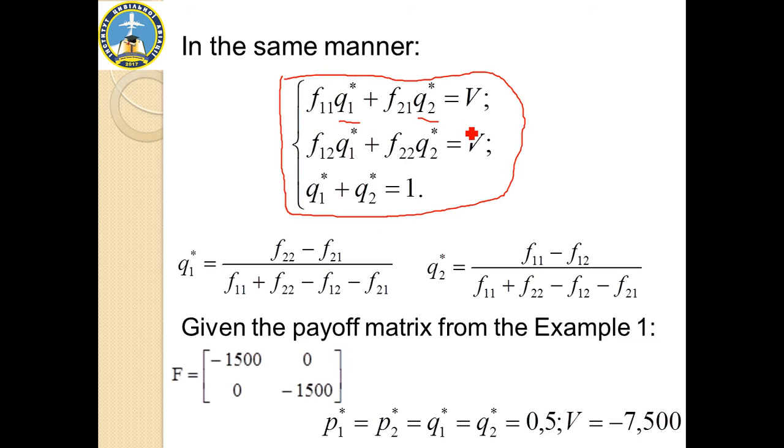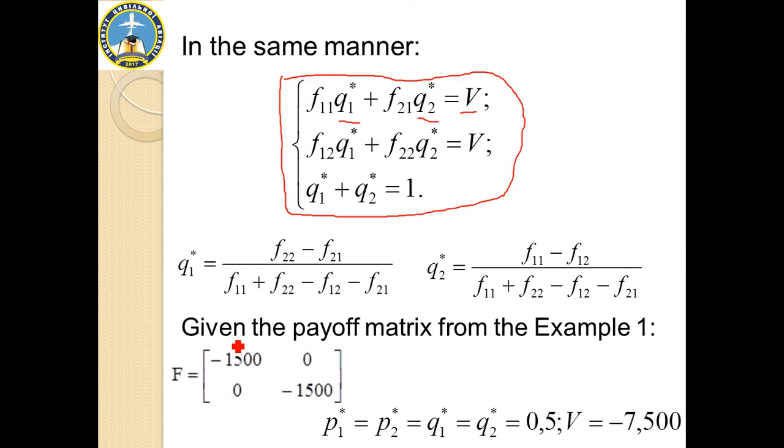Again, we have three equations for finding three parameters. Now let's employ these formulas for the payoff matrix from example 1 we considered before, where the businessman tries to hide at one of the hiding places from the creditor.